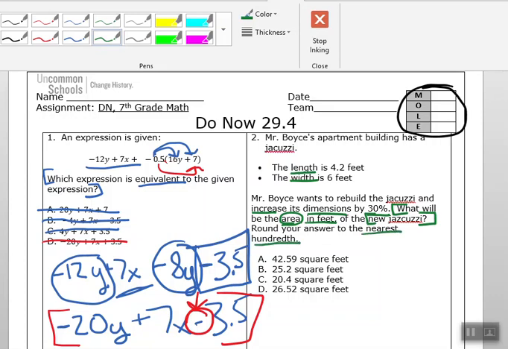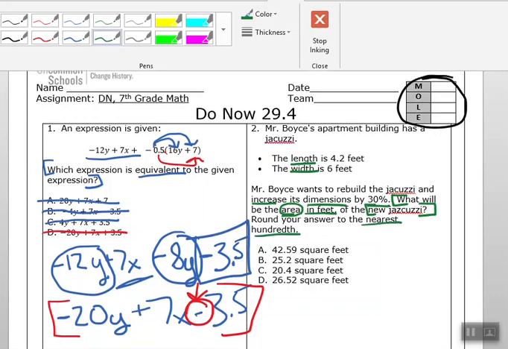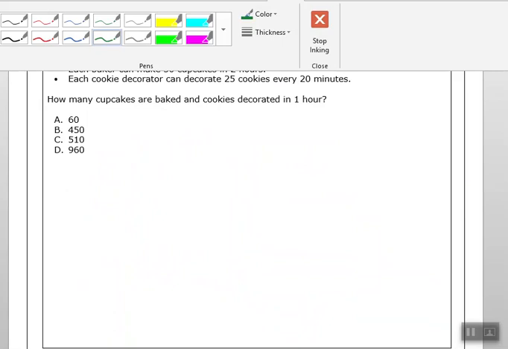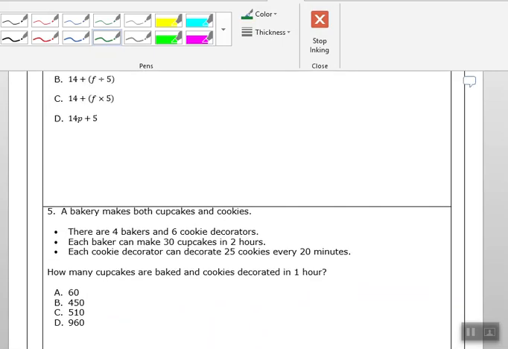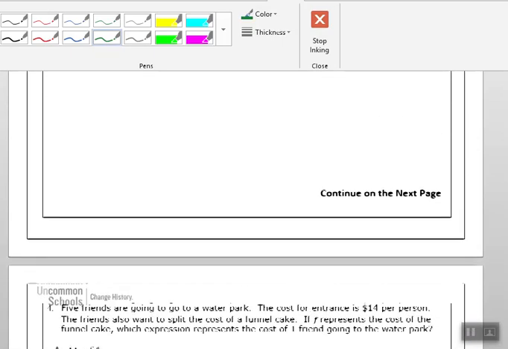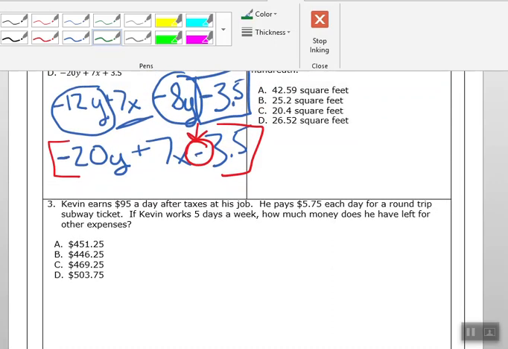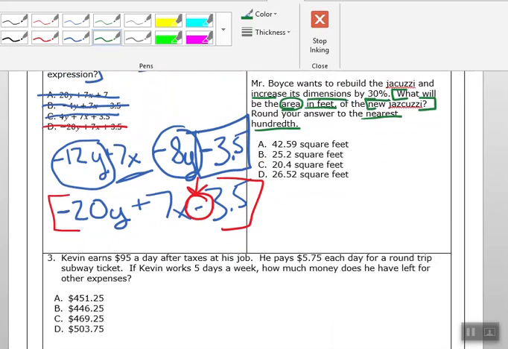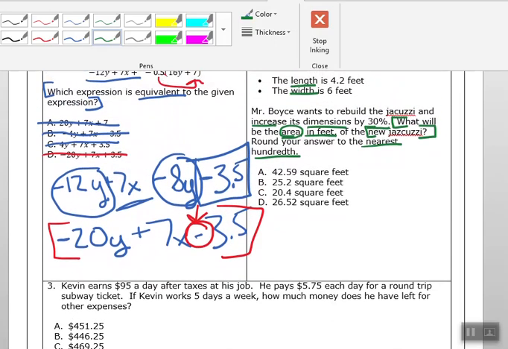Okay. Ooh, I have some stuff going on here that I'm going to have to deal with in this problem. Okay, so the first thing I need to do is go ahead and figure out what happens when I do a 30% increase on each dimension, all right?